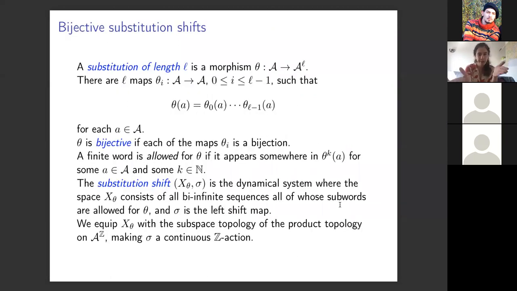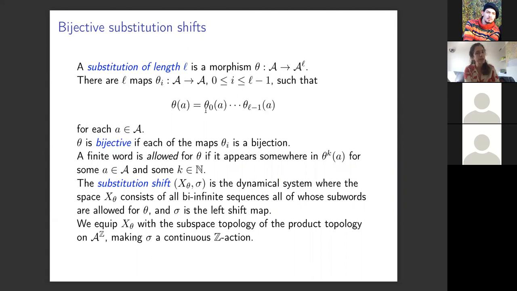Okay, so this is the slide which is about substitutions. I apologize to all of you because probably most of you know this. So we're looking at constant length substitutions, of length L. In this case, the substitution would be a map theta from the alphabet A into words of length L on A. I can think of my substitution theta as a concatenation of L maps from the alphabet to itself.